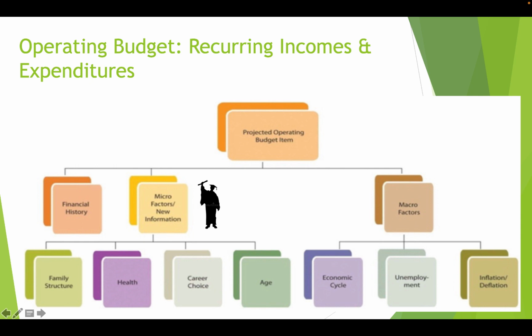Recall the micro factors are the personal characteristics of your situation, and these influence your expectations, and they change from time to time. This could be family structure, your health, your career choice, and your age, all of which significantly influence your financial choices and goals. If any of these factors is expected to change, your financial situation will change as well, and that expectation should be included in your budget projections.